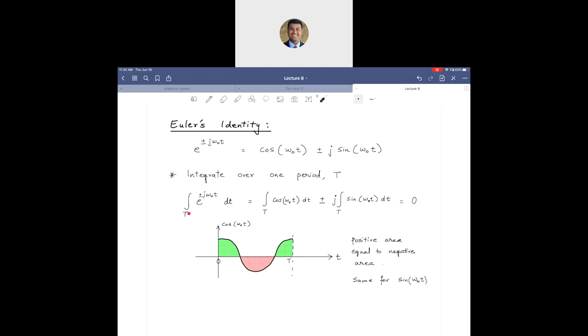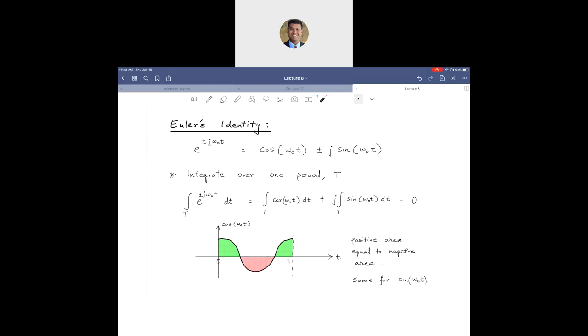The integral of e to the plus or minus j omega naught t dt can be written as two integrals: first for the cosine, plus or minus j and the sine. When you integrate over one time period for cosine, you can see that the green area will cancel out with the red area over here. The positive area will equal the negative area as long as you integrate over one time period. If you go a little bit more or a little bit less than one time period, then you will have a non-zero result.